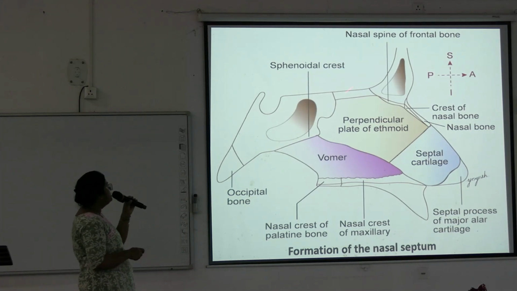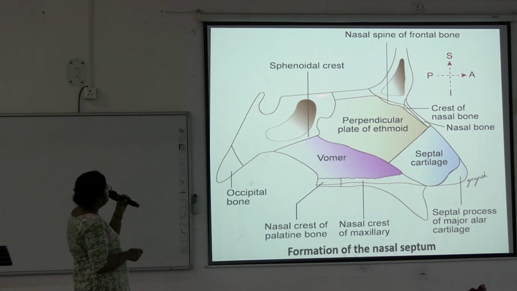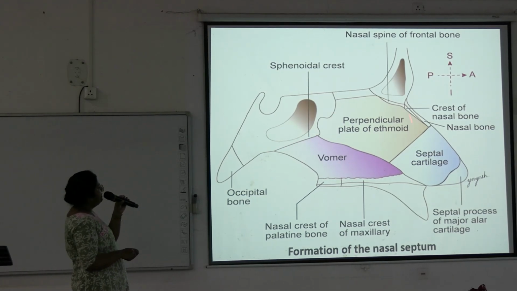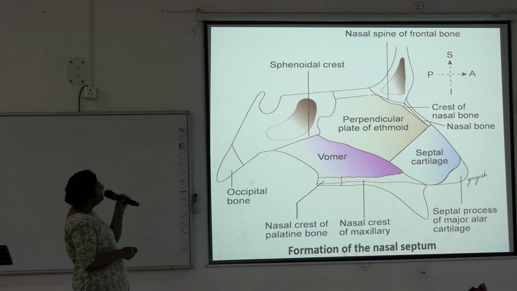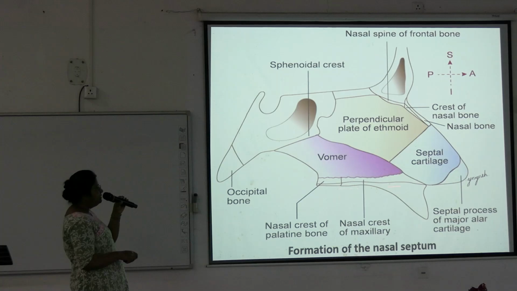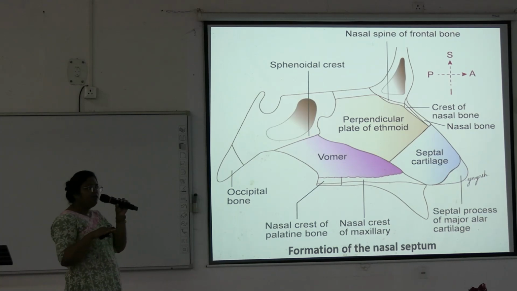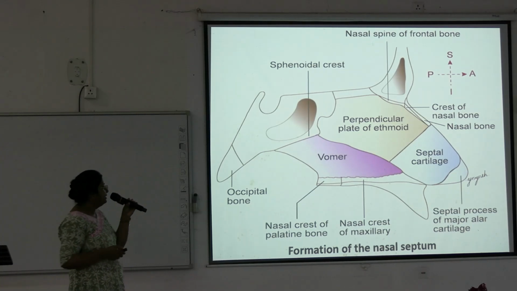So see here the formation. Here is the sphenoidal crest, vomer, perpendicular plate of the ethmoid. This is the nasal spine of the frontal bone, crest of the nasal bone, and this is the nasal bone. Inferiorly, the nasal crest of the palatine bone, formed by joining of the two horizontal plates of the palatine bone.